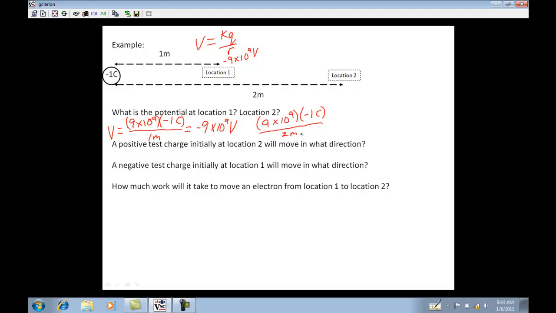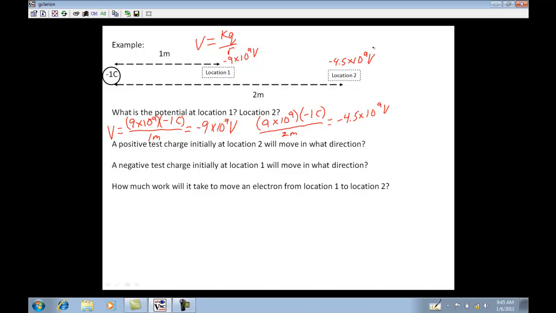That's actually pretty easy, right? What would that be? Okay, negative 4.5 times 10 to the ninth volts. So over here at location 2, I got negative 4.5 times 10 to the ninth volts.